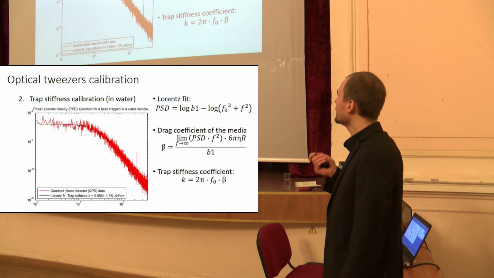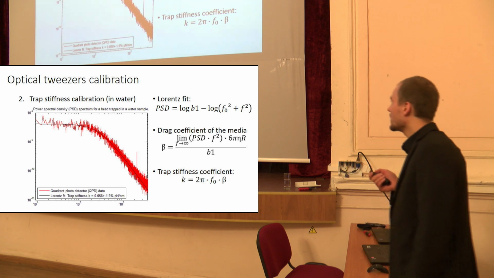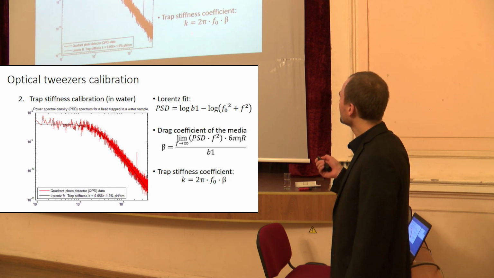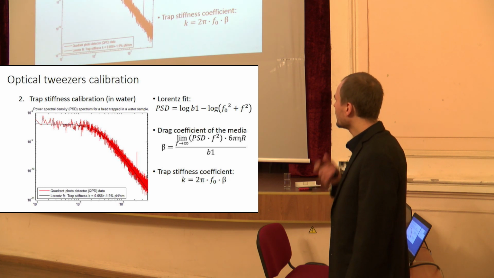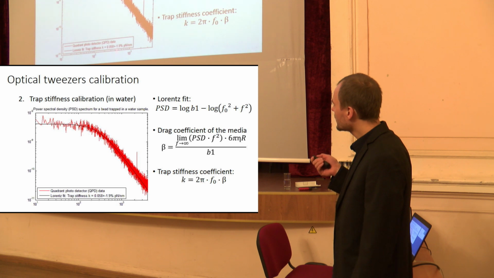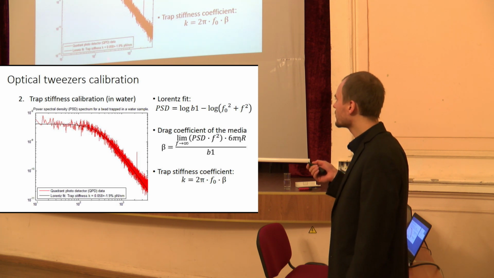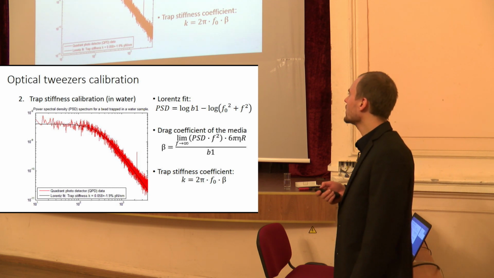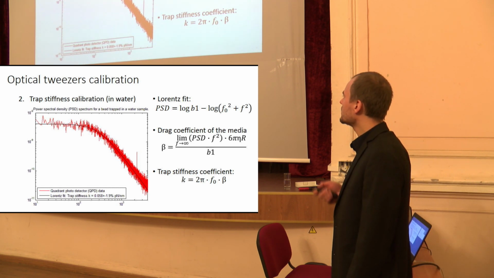So we fit it with the Lorentz fit, and we acquire the coefficients from which we can later calculate the trap stiffness. The trap stiffness is shown here. It's 0.058 piconewtons per nanometer.